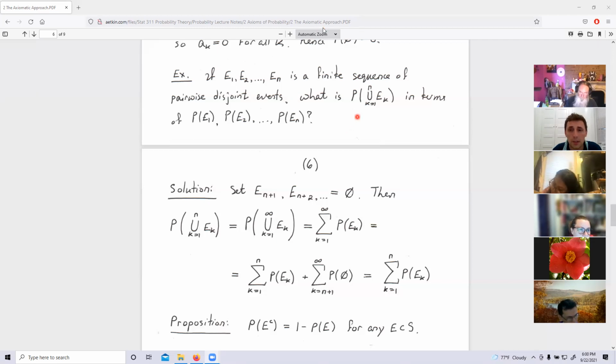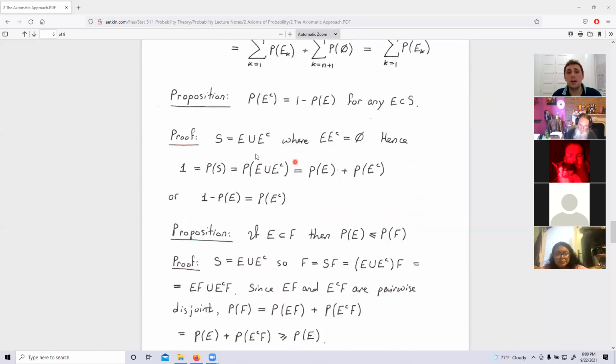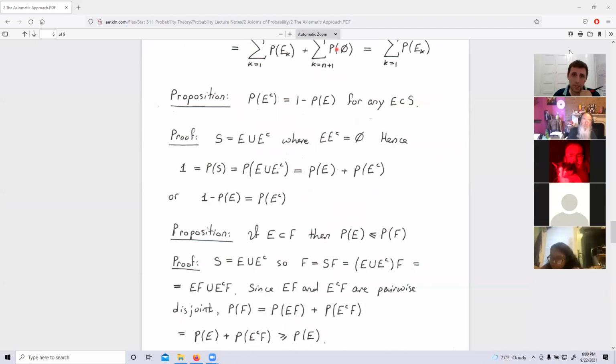Well, Stephen, maybe what you're saying, you can just use that and get the answer. So here is how we can approach it. First, we can observe that S is divided into E and E complement, for any event E. And E and E complement are mutually disjoint, which means by axiom number 2, 1 is equal to the probability of S, which is the probability of E union E complement.